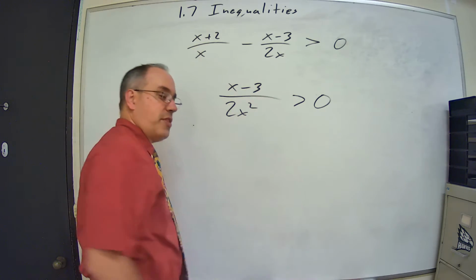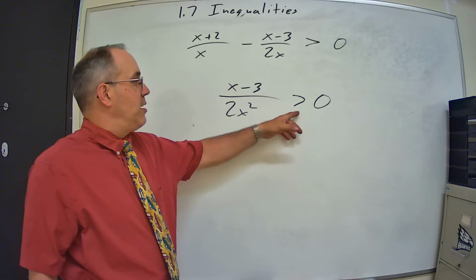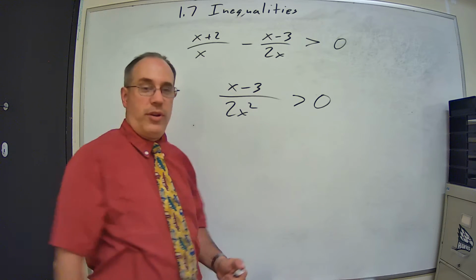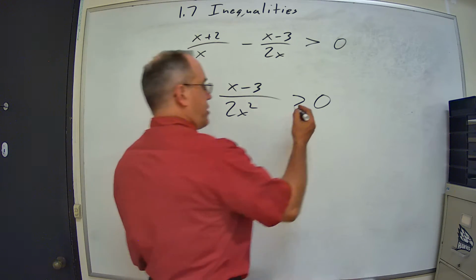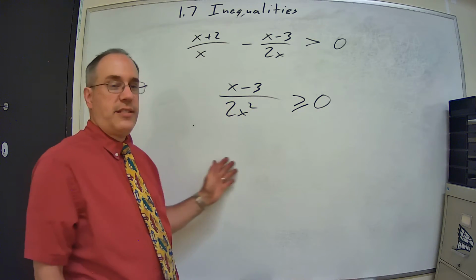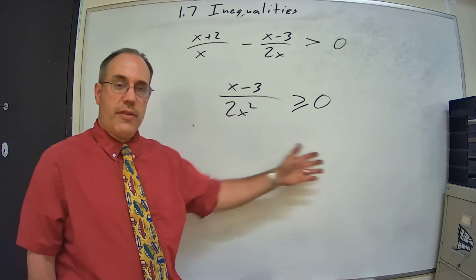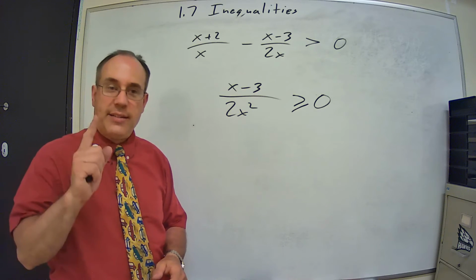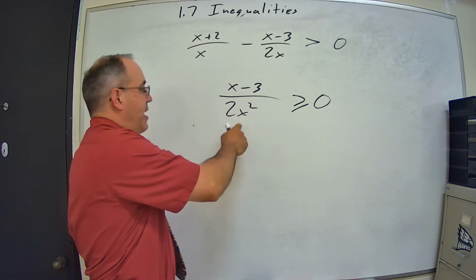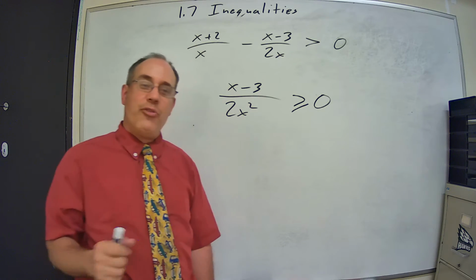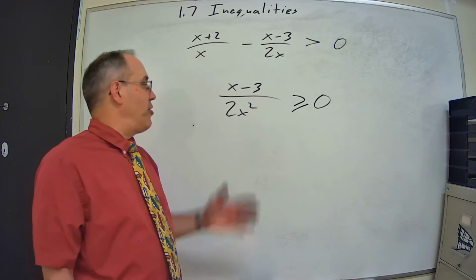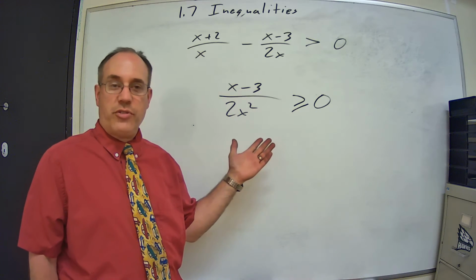Now, the difference with this is that if it's a strict inequality, just like with quadratics, then we don't have to test the endpoints. If it's not a strict inequality, if it was greater than or equal to, then we have to test the endpoints of each of our intervals, except those endpoints that came from our denominator, because we can't allow those zeros to be the value, since it would give us a divide by 0 situation.